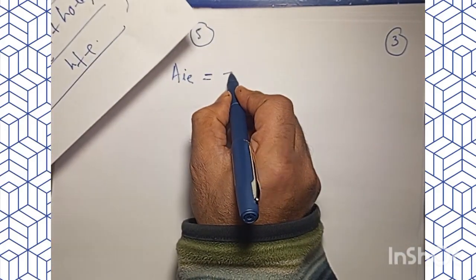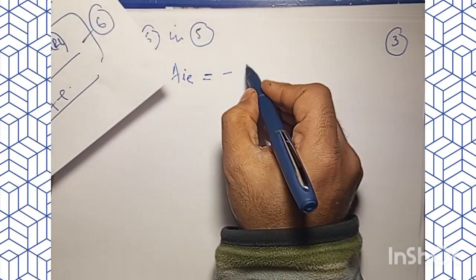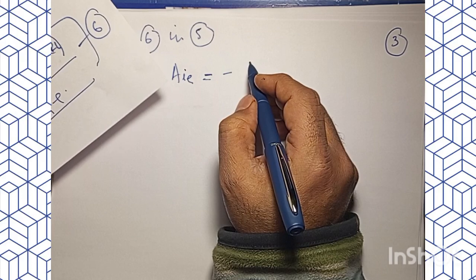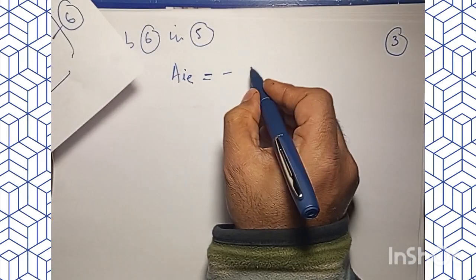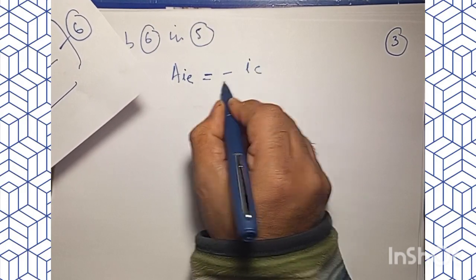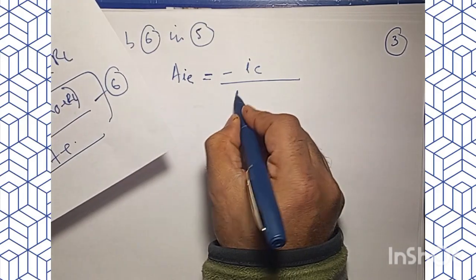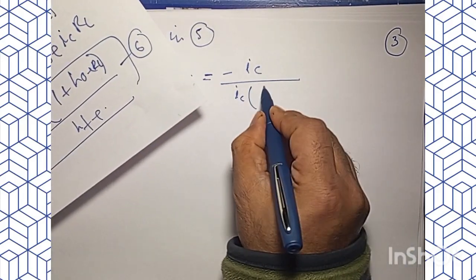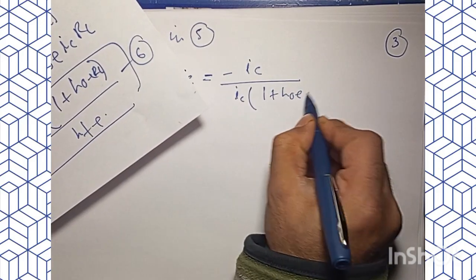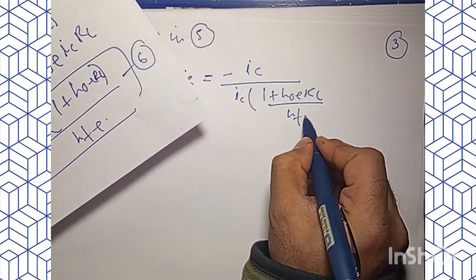So this will be minus, instead of IB, I'll be using it. So this is minus IC in the numerator, and for IB, I'm going to use IC times 1 plus HOE RL divided by HFE.